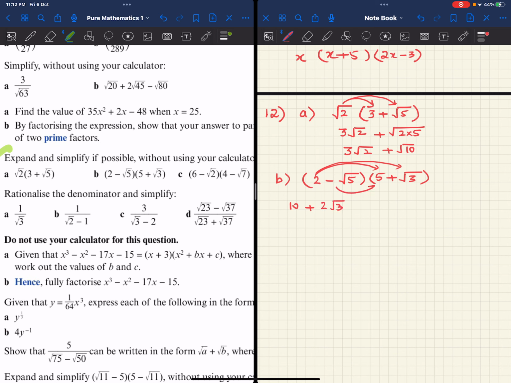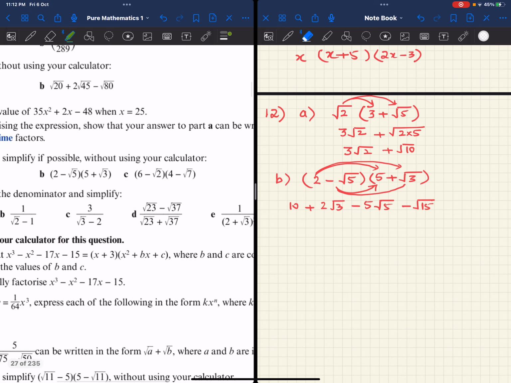Negative root 5 into 5 gives us minus 5 lots of root 5. And negative root 5 into positive root 3 gives us negative root 15. We don't have any like terms here, so we cannot simplify this, and that's our final answer.